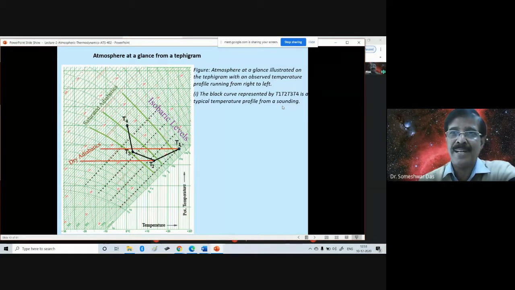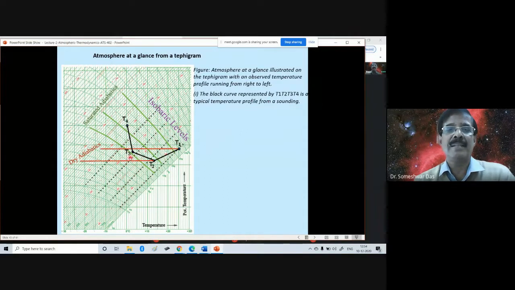This is called sounding. The one measured from the bottom to the top by radiosonde is sounding, whereas the one measured from the top to bottom by satellite is a sounder. So these are the temperature profiles obtained from a sounding, from the radiosonde.